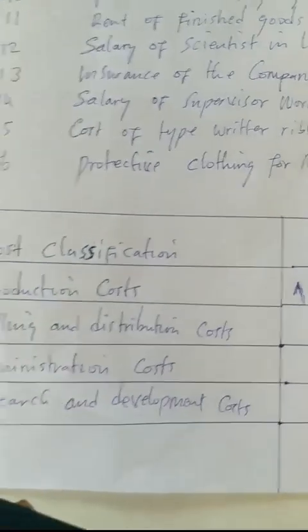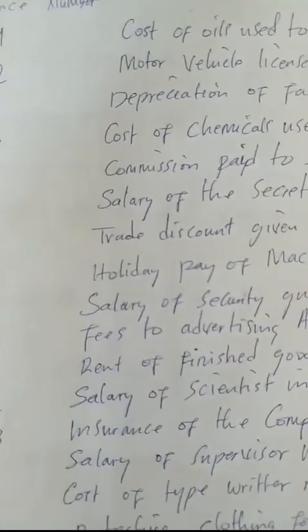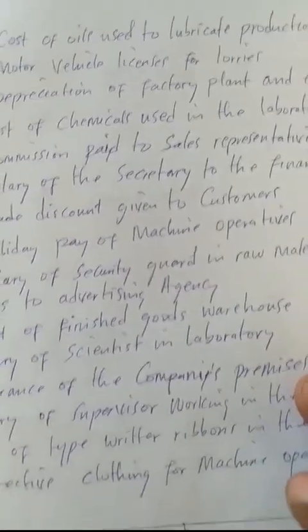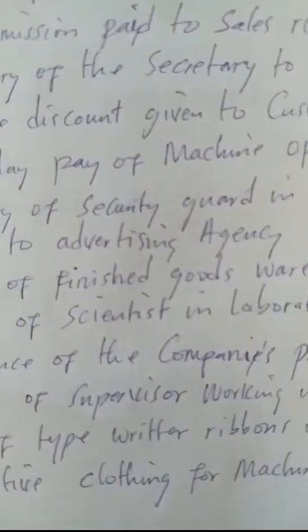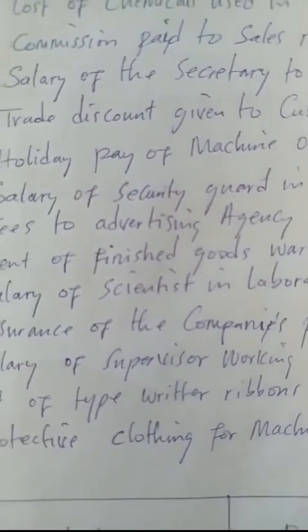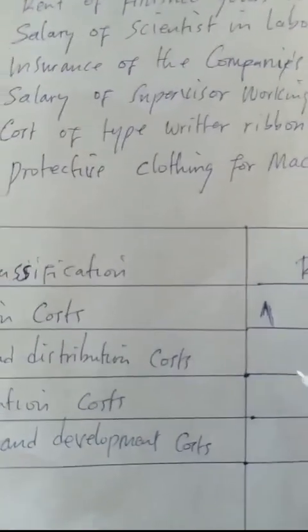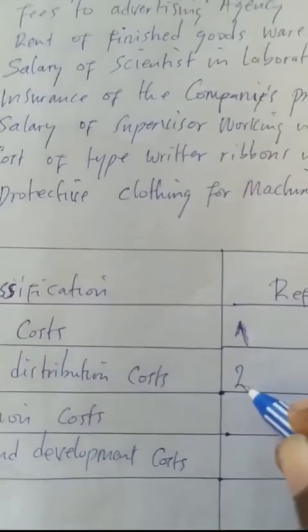It falls under a production cost. Number 2 is motor vehicle licenses for lorries. Motor vehicle licenses for lorries, that one is a selling and distribution cost. So it will appear under selling and distribution cost, number 2.